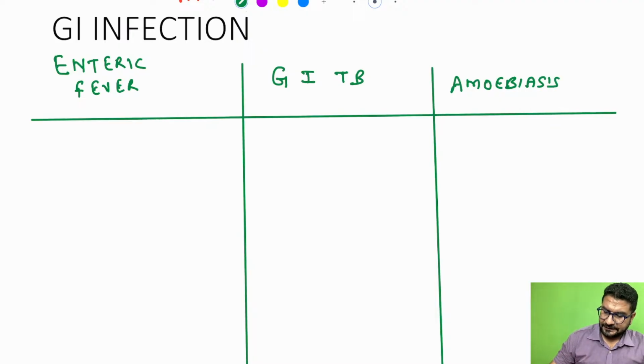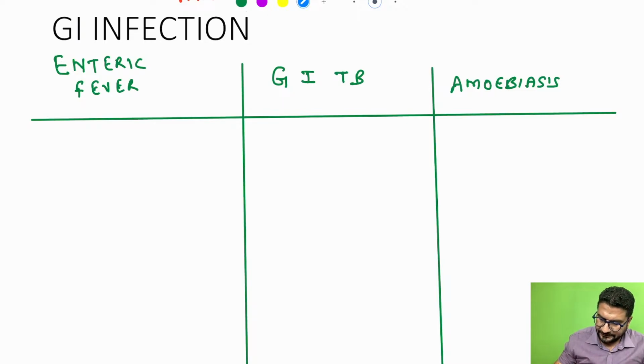So now try to understand this thing. What type of question they ask you in exam? Whenever we see a patient with enteric fever, they ask you which type of ulcers you will see in enteric fever. कौन से ulcers मिलते हैं?